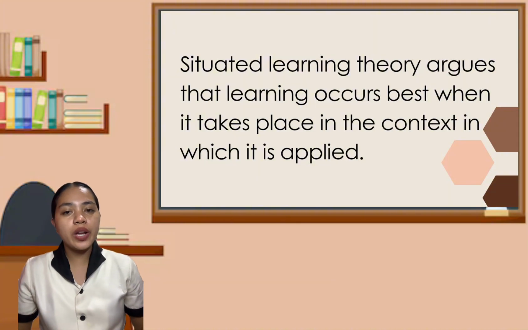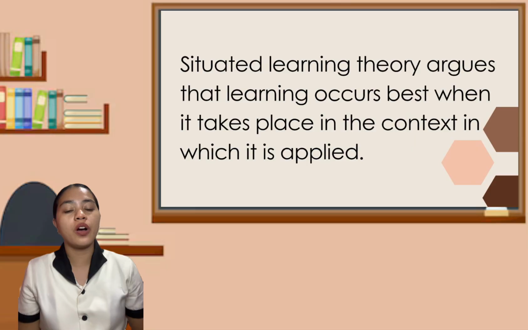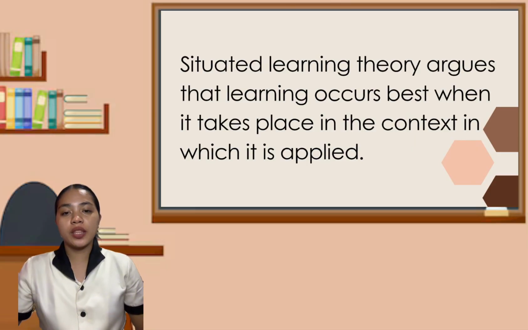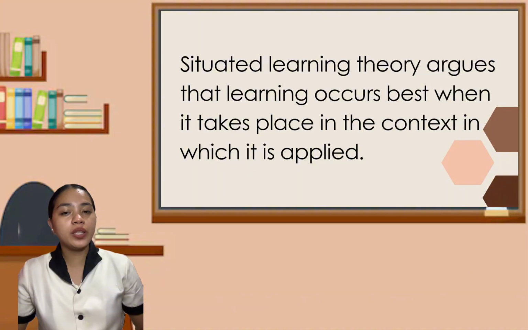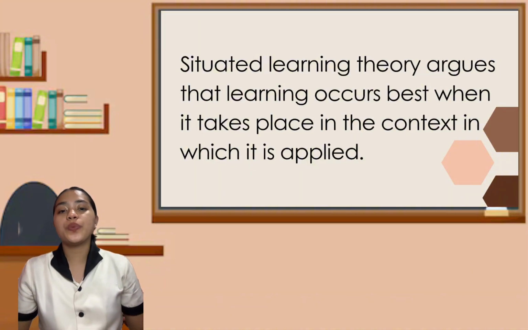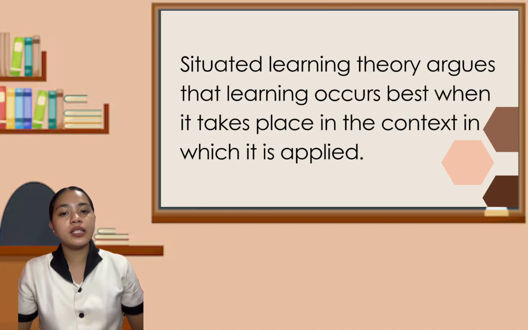Situated learning theory argues that learning occurs best when it takes place in the context in which it is applied. So students should act in an apprentice capacity within communities of practice where learning opportunities arise situationally.